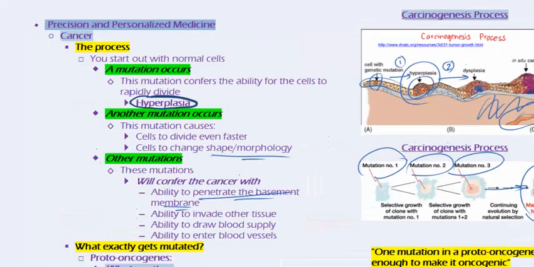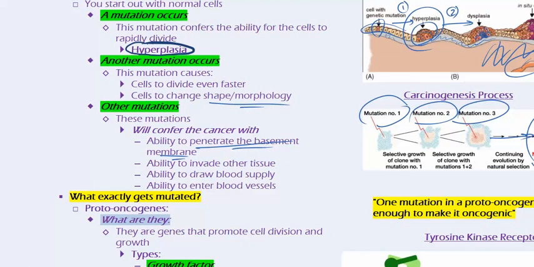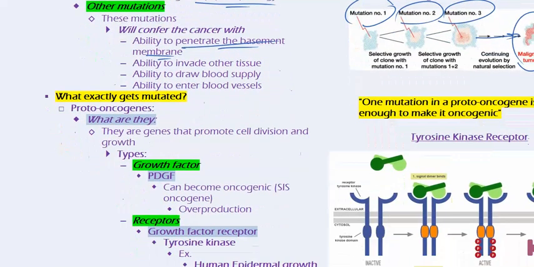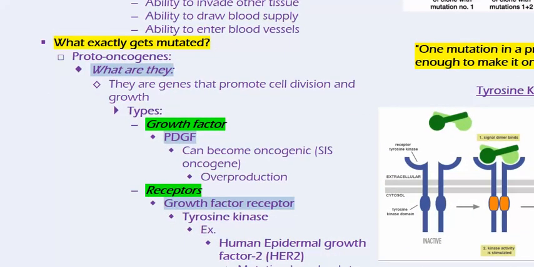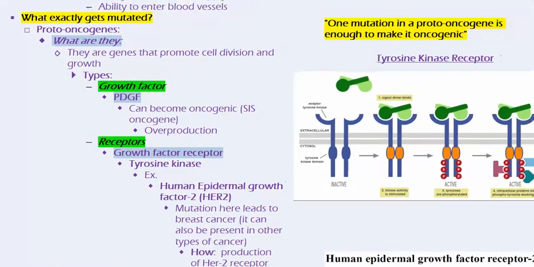Okay, so we talked about the process of generating the cancer, all right? But now, what exactly got mutated? What genes or what things actually got mutated to bring about the cancer?